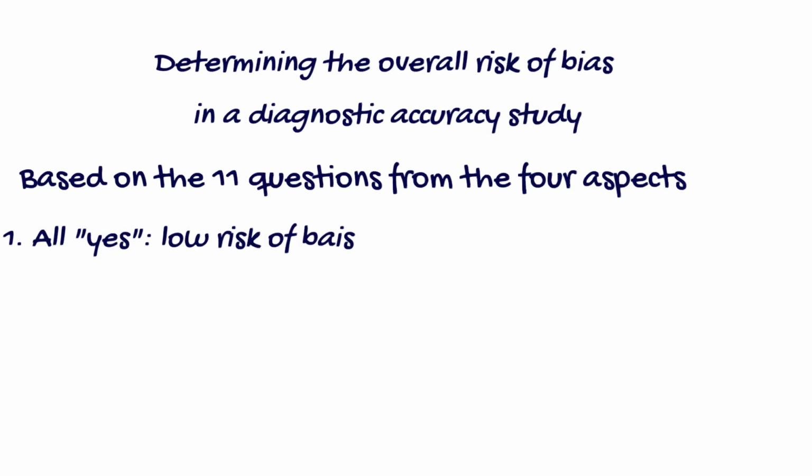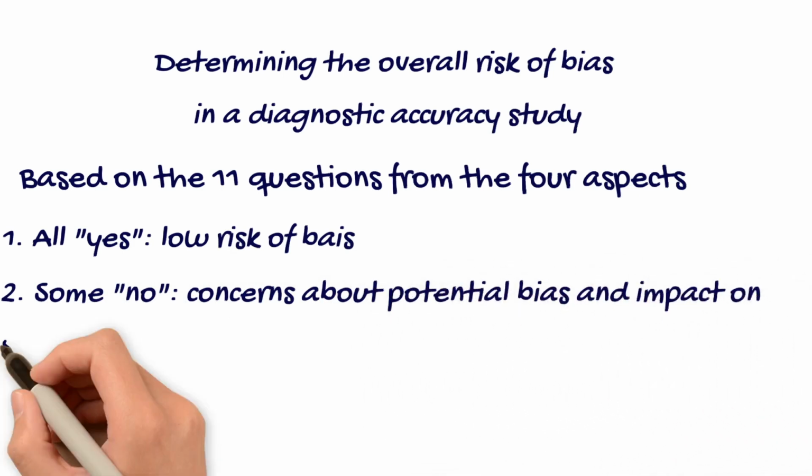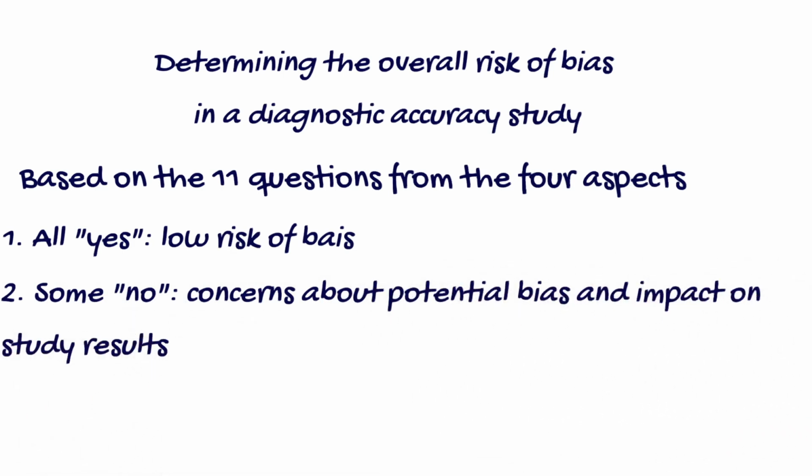But if any answer is no, it raises concerns about potential biases. This means there might be limitations in the study design or conduct that could affect the accuracy of the findings. We need to carefully consider these concerns and their impact on the study results.